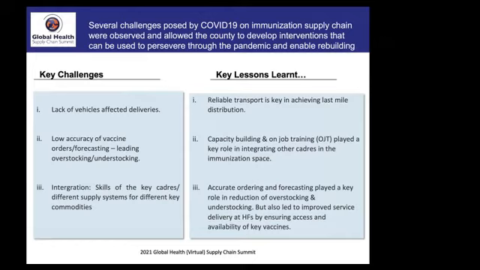And this was because of inadequate knowledge and inadequate skills on how to do the forecasting and quantification. And as we were doing this, we had a really good opportunity for on-the-job training of the healthcare workers on how to do proper forecasting and quantification of the EPI commodities.